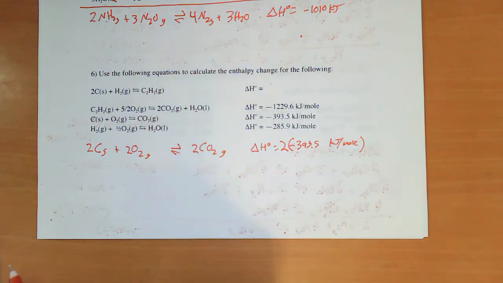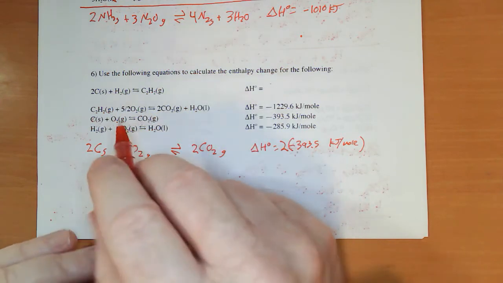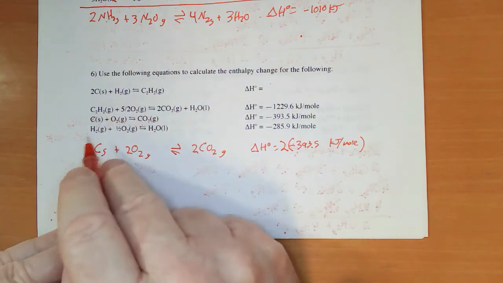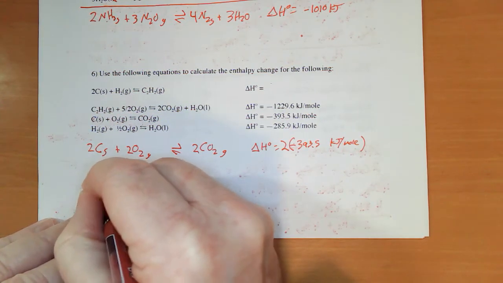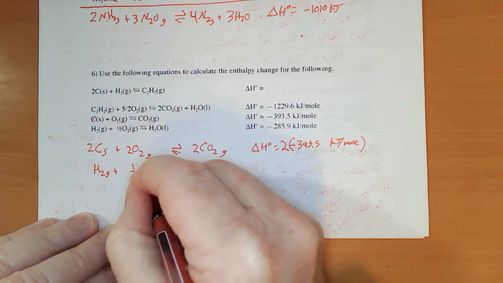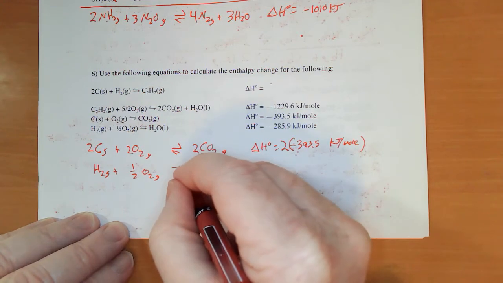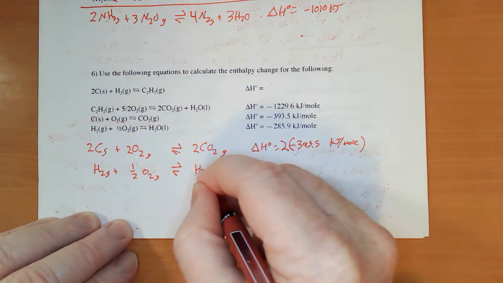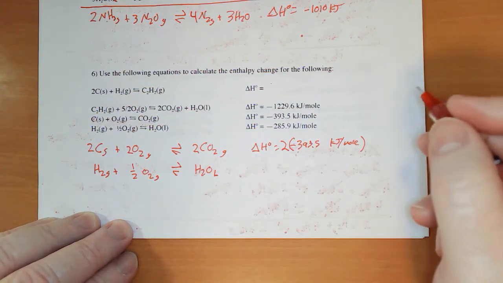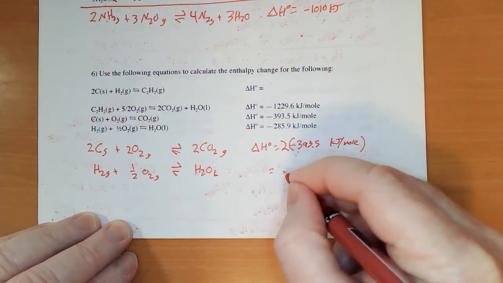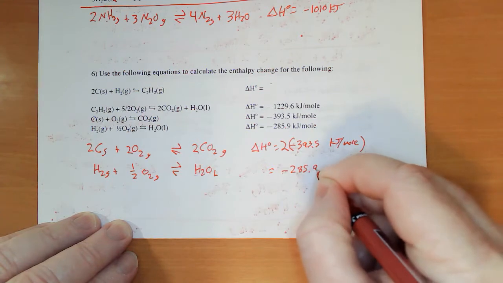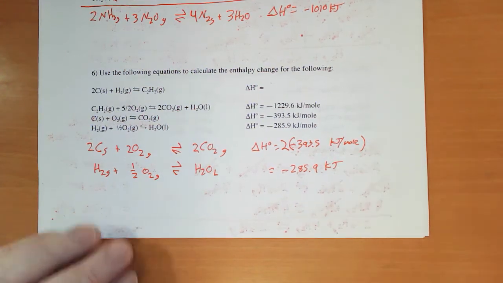Now, for the next one, I'm going to need to find some H2s, which I've got right here. So I'll go H2 gas plus a half O2 gas to give me H2O liquid. All right, I'm pretty happy with that. Didn't change anything. Negative 285.9 kilojoules.